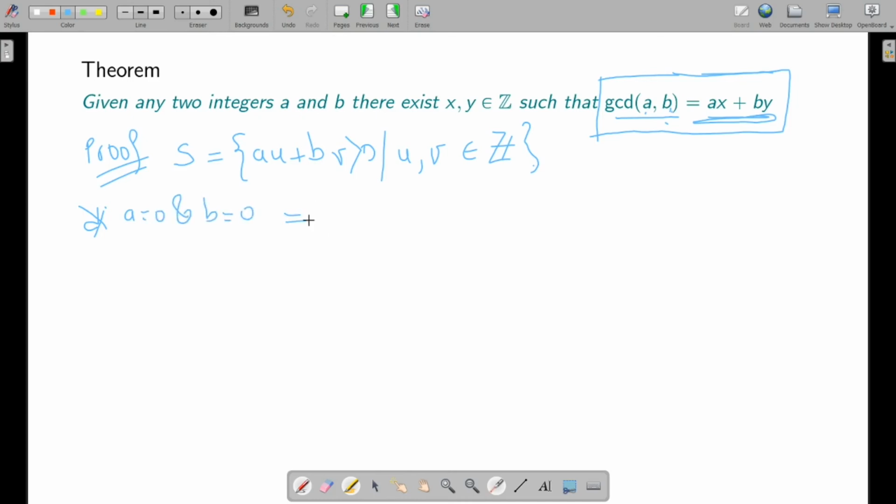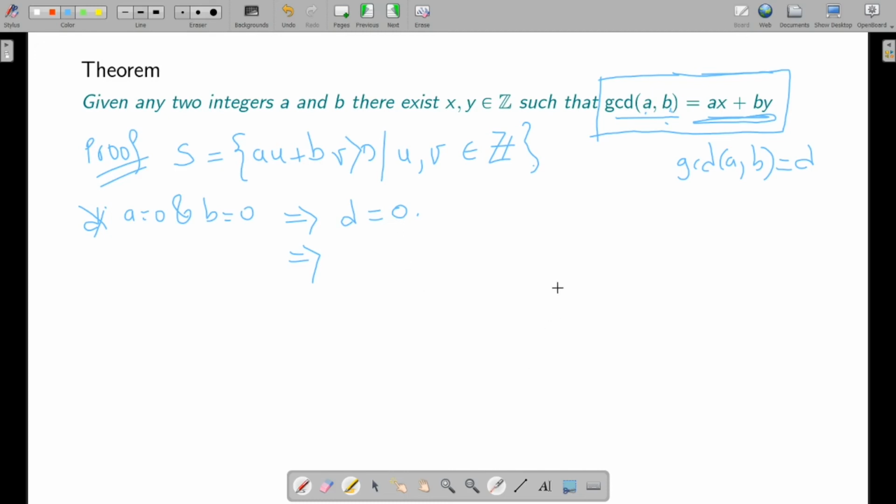In this case, let me write GCD of A and B as D, just for short, so that I don't have to keep writing GCD. If A is 0 and B is 0, then D will have to be 0. I hope you can all prove why D will have to be 0.